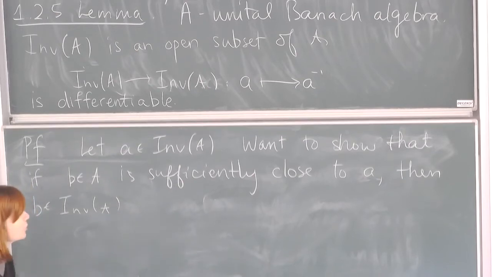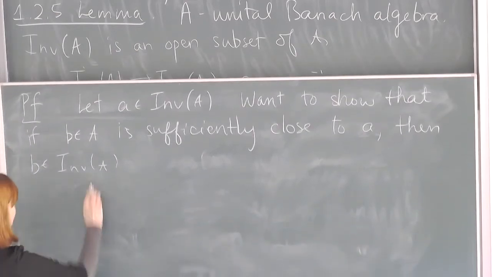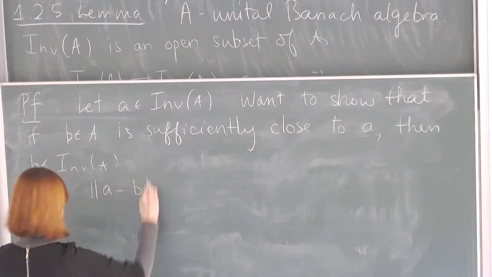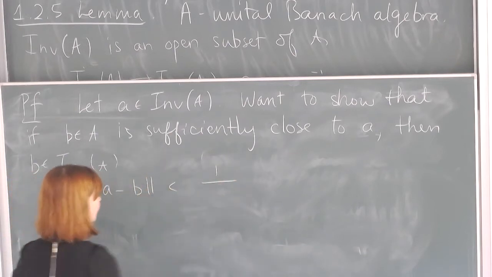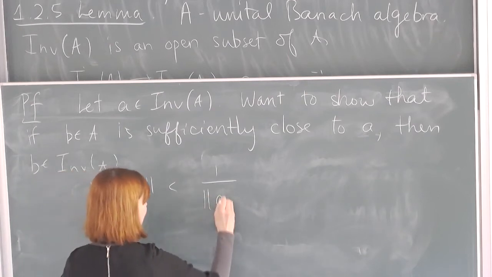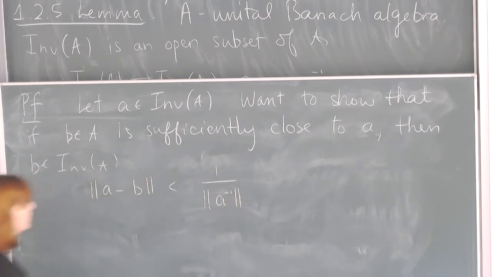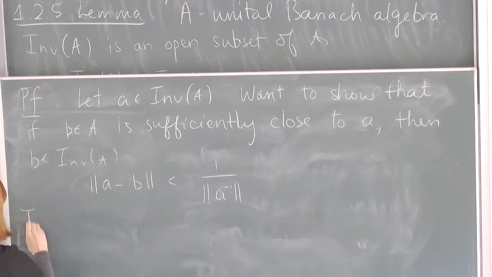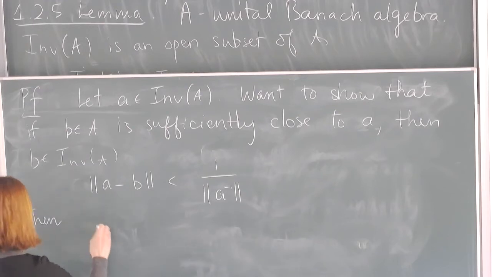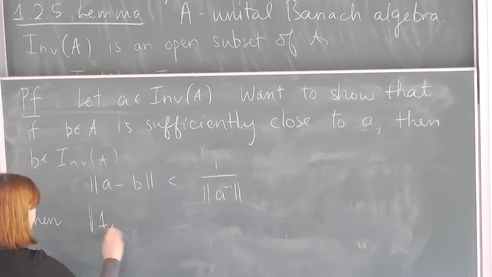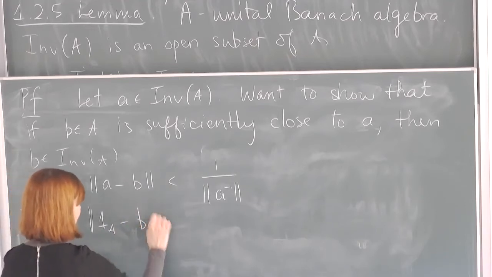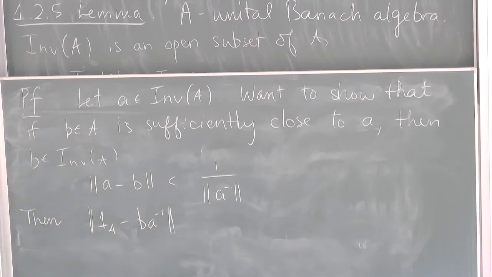Okay, so how close do we need it? Well, let's take the norm of a minus B to be less than 1 over the norm of a inverse. Then let us look at 1 minus b a inverse. And we're going to aim at using the last theorem.